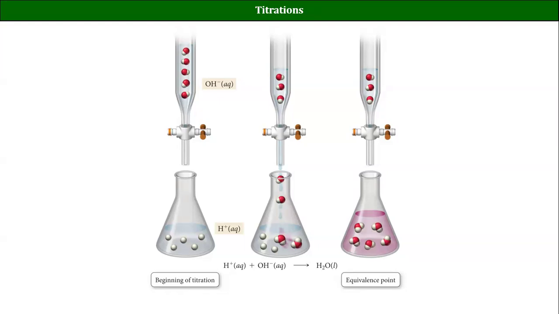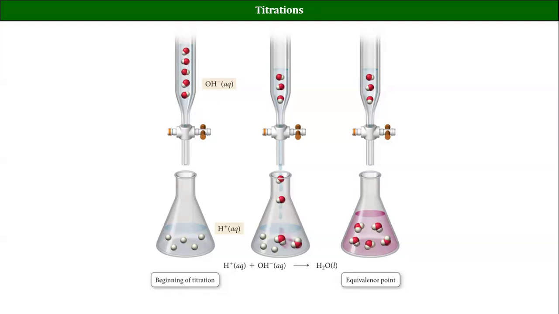Landon? Say it again. You get that color change. Yeah, basically, when you're adding it, at first you'll see a little bit of pink show up right in the middle, right where the drops are hitting, but then it'll disappear again.